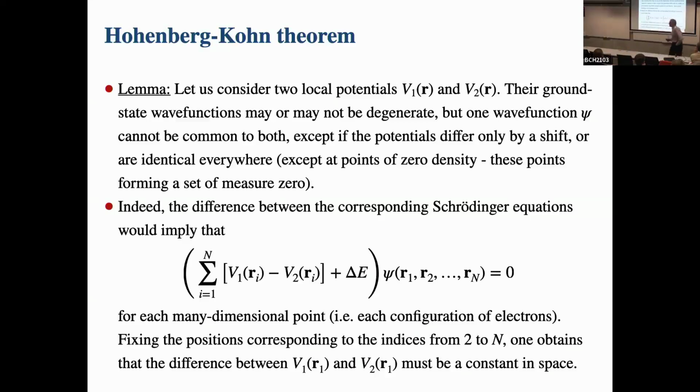You have that the difference in the potentials here, plus the difference in energy, times the wave function should be equal to 0. And that should be true everywhere. Okay?